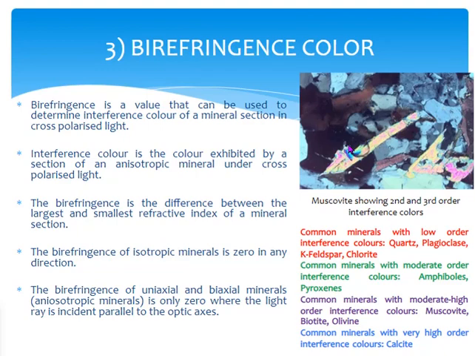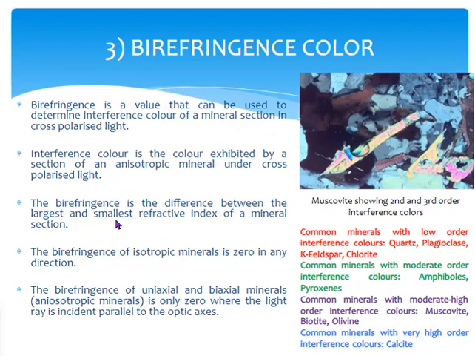Interference color is the color exhibited by a section of an anisotropic mineral under crossed polarized light, meaning the color seen under the crossed polarized light. If we see the color of a mineral under plane polarized light, we call it simply the color. But if we see the anisotropic mineral under crossed polarized light, then the name changes to interference color.